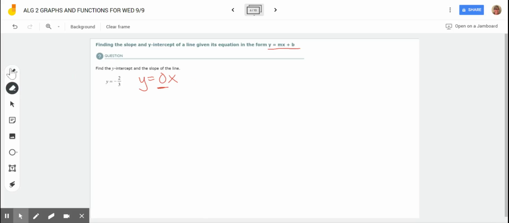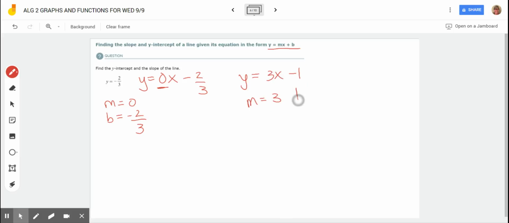Because there is no x, the slope is 0, b is -2/3. If they gave you y equals 3x minus 1, m is equal to 3, b equals -1.